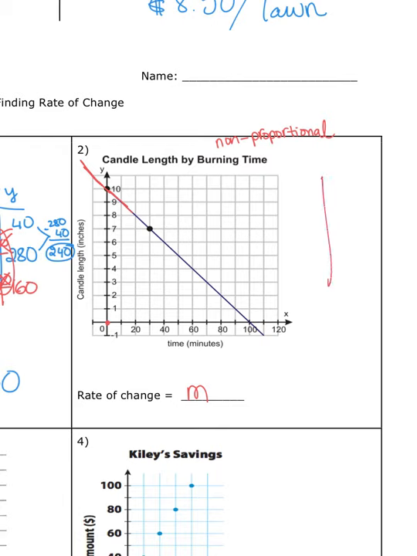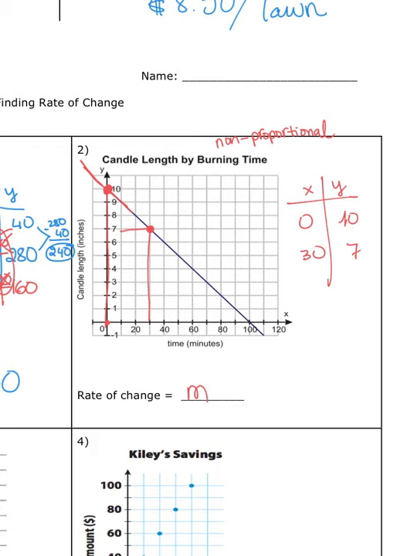They don't give you the table, so we're going to make a table. This point right here is 0 and 10. This point right here is x is 30, y is 7.